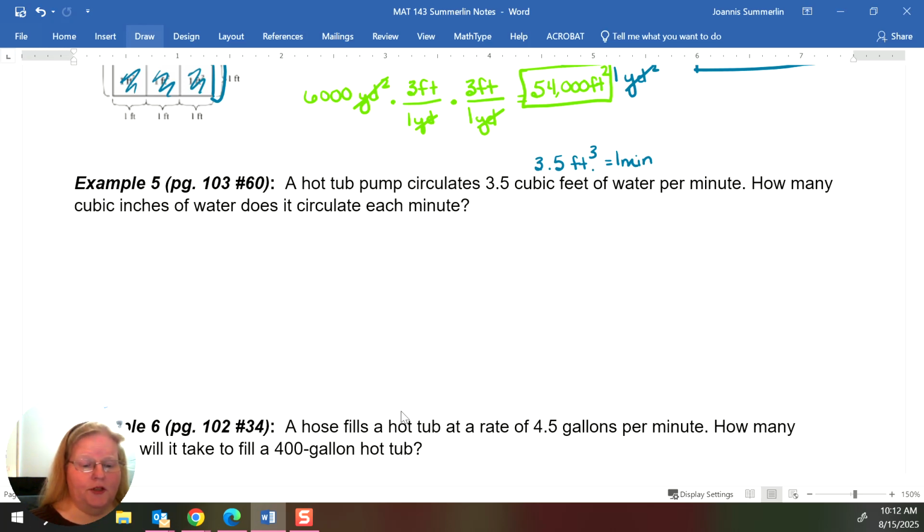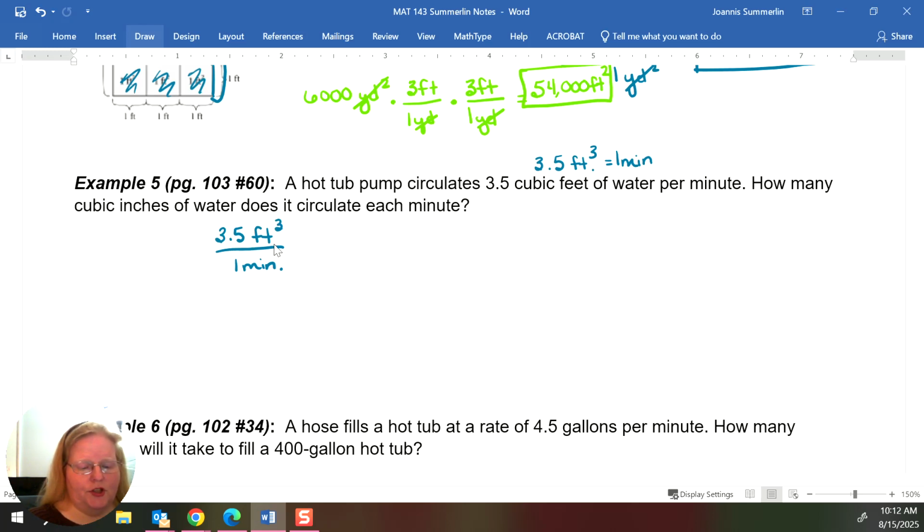How many cubic inches of water does it circulate each minute? I wrote it as a fact because it's a fact. 3.5 feet cubed per 1 minute. They want to know how many cubic inches of water does it circulate each minute.